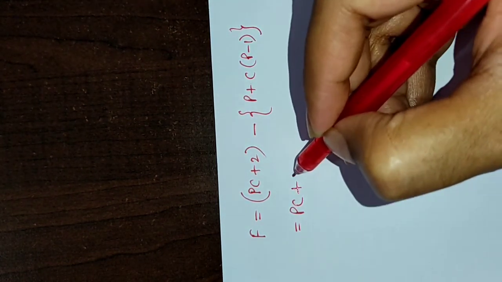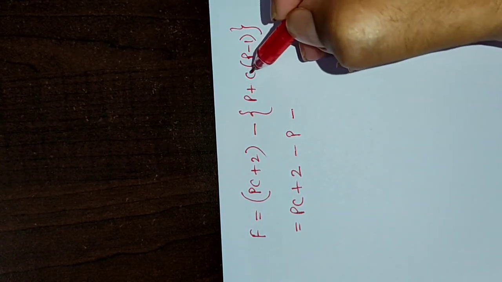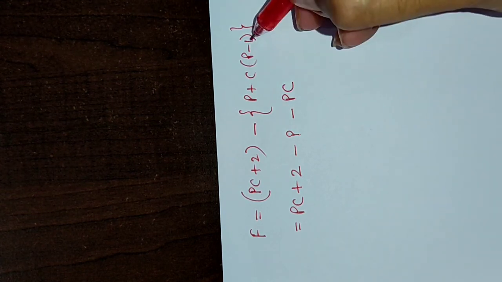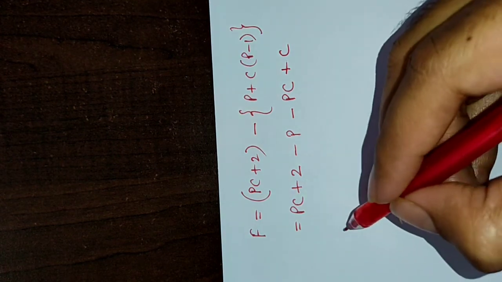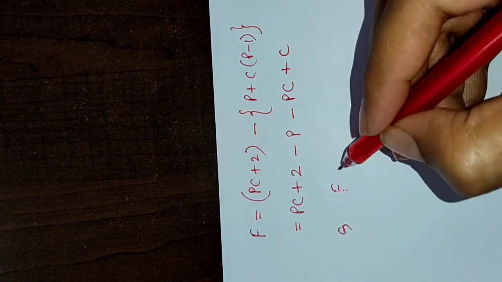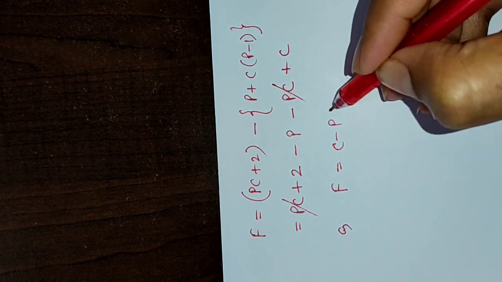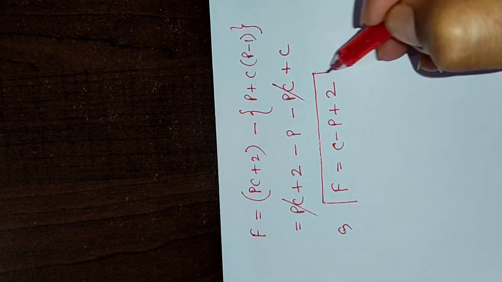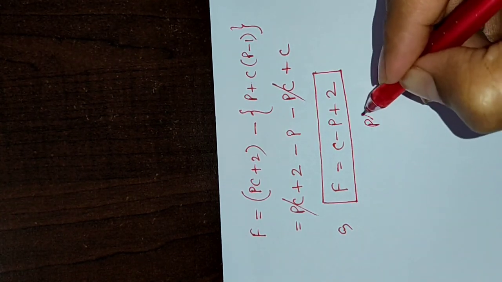Now simplifying this, we get minus P, PC minus PC, and minus minus plus, so it is C. So we have F equals, this will cancel out, C minus P plus 2. So this is the famous phase rule.